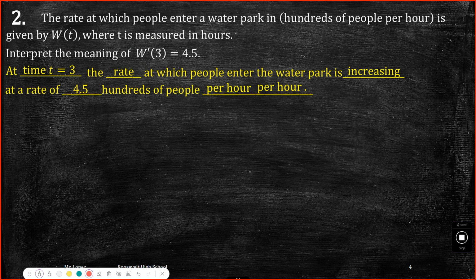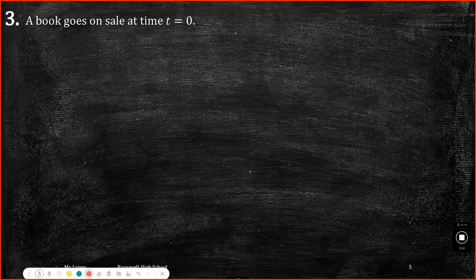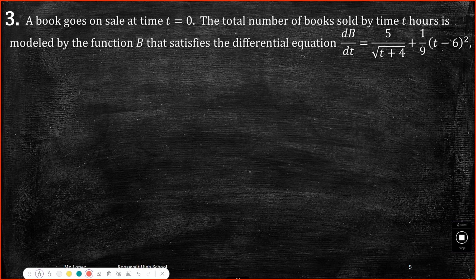All right, let's move on then to problem 3. A book goes on sale at time t equal to 0. The total number of books sold by time t hours is modeled by the function B that satisfies the differential equation here.